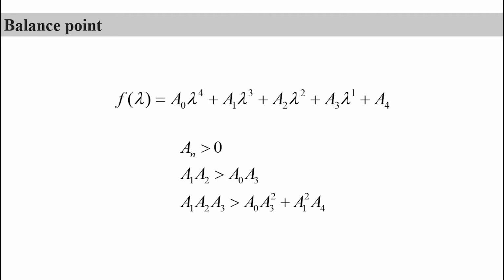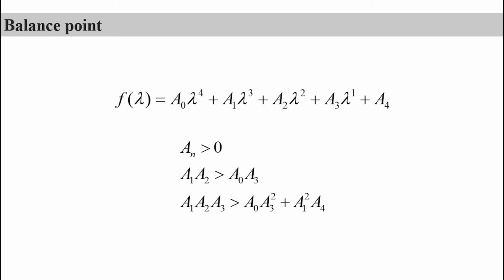By analyzing the J matrix, the characteristic polynomial of the system can be expressed as this. According to the Routh stability criterion, the system is stable under the following conditions.